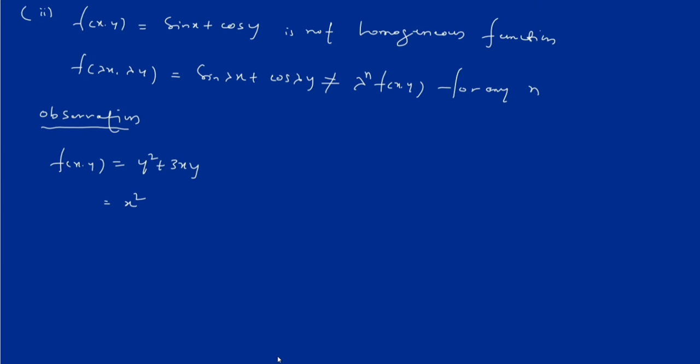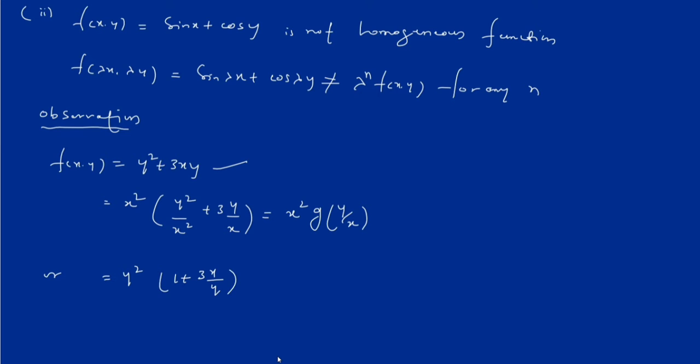By taking x square common, what we get here? Y square upon x square plus 3 times y by x. X gets cancelled, right? So what we get here is x square g of y by x, or, if we take y square common from this equation, then what we get is y square times 1 plus 3 times x by y. This term can be written as h of x by y.